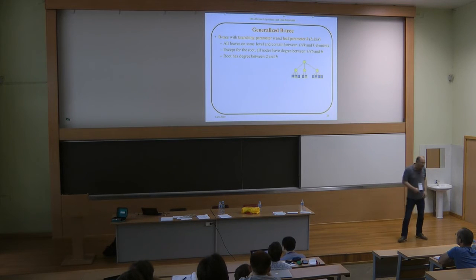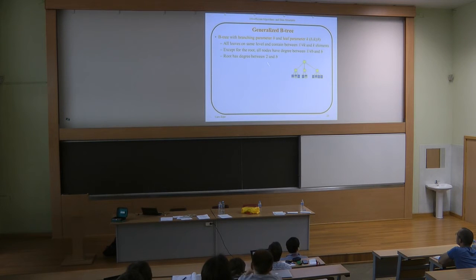I'm just going to generalize this slightly, not much. I'm going to introduce a notion where I call a B tree with branching parameter B and leaf parameter K basically a B tree, except that I allow the leaves to have a different number of elements than degree. That's going to be handy in a minute.